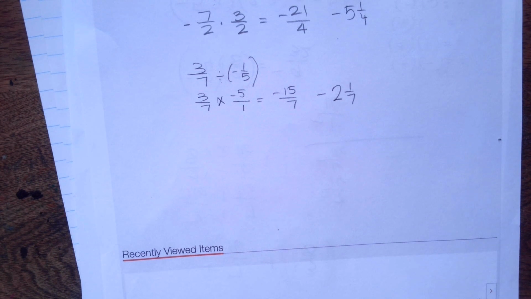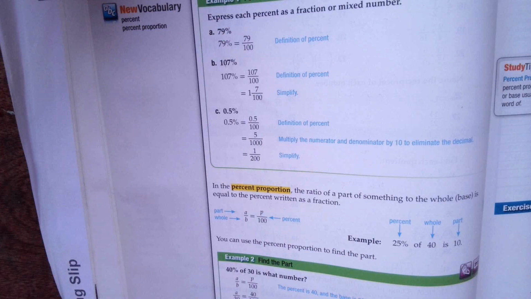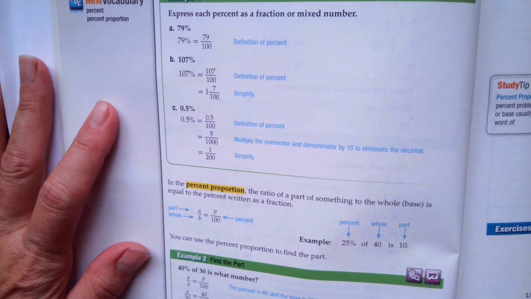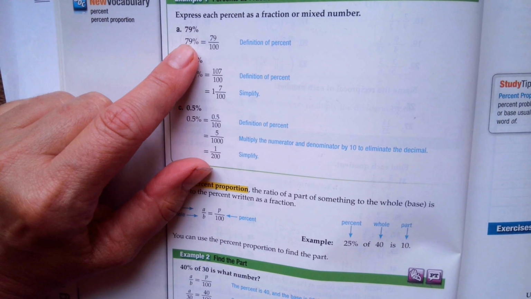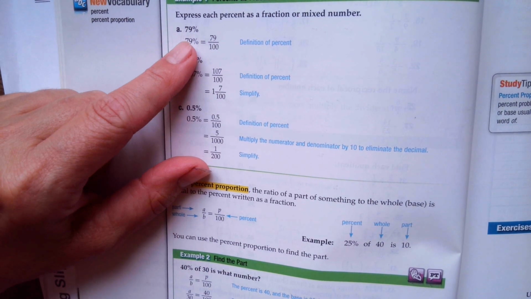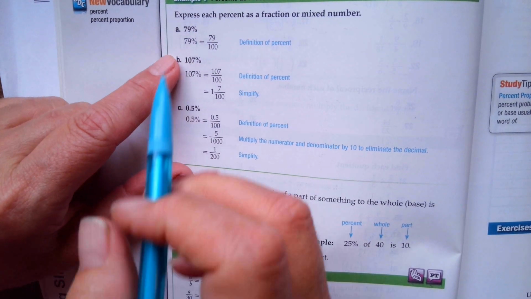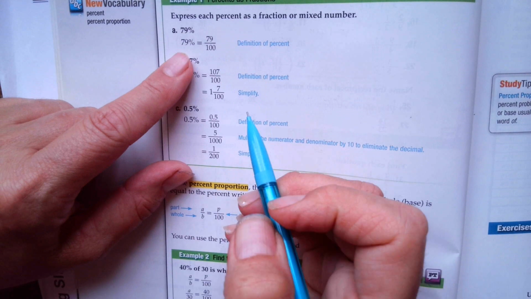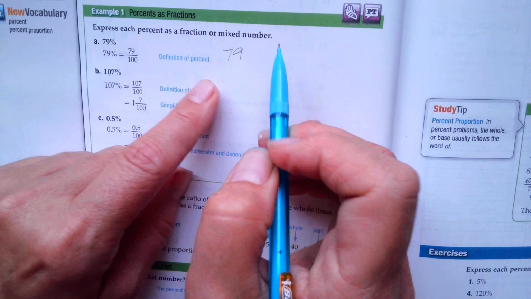Okay. To change a percent, so this is your book that you never saw from last year. We have 79%, and we're going to change it to a fraction or a mixed number. So this right here becomes the numerator, and then it's over 100. The way I do it is let me change it to a decimal.